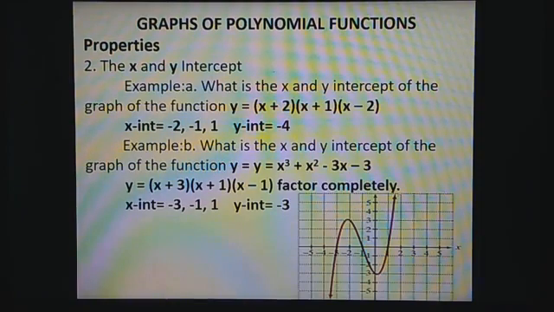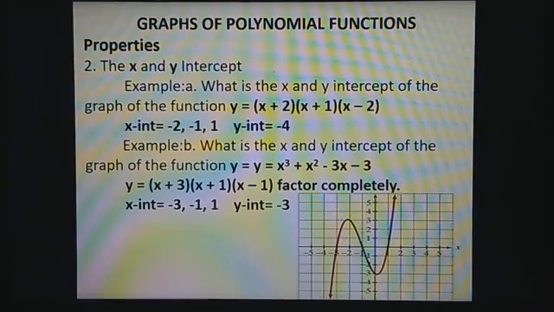Then, for the second factor, we have x plus 1. If you equate that also to 0, so, value of x will be negative 1. And then, for the last factor, we have x minus 2, equating that factor to 0. Solving for x. So, we have x is equal to positive 2. Yes, positive 2, sorry.